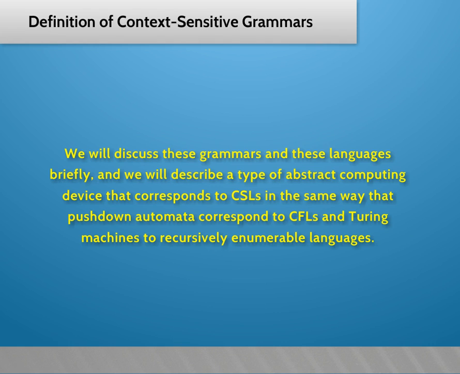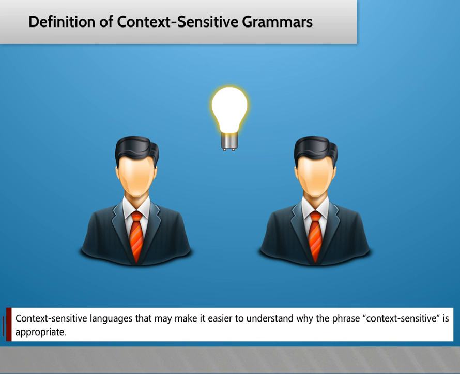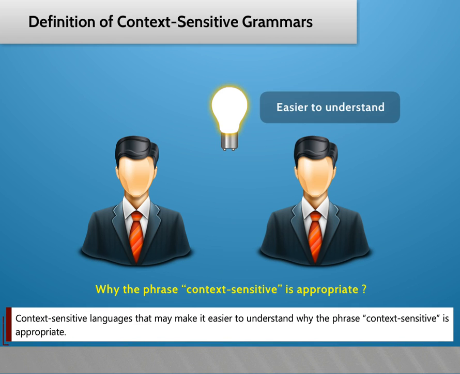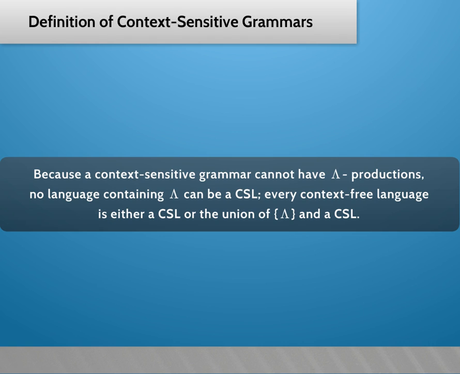We will discuss these grammars and these languages briefly, and we will describe a type of abstract computing device that corresponds to CSLs in the same way that pushdown automata correspond to CFLs and Turing machines to recursively enumerable languages. Because a context-sensitive grammar cannot have Λ-productions, no language containing Λ can be a CSL.